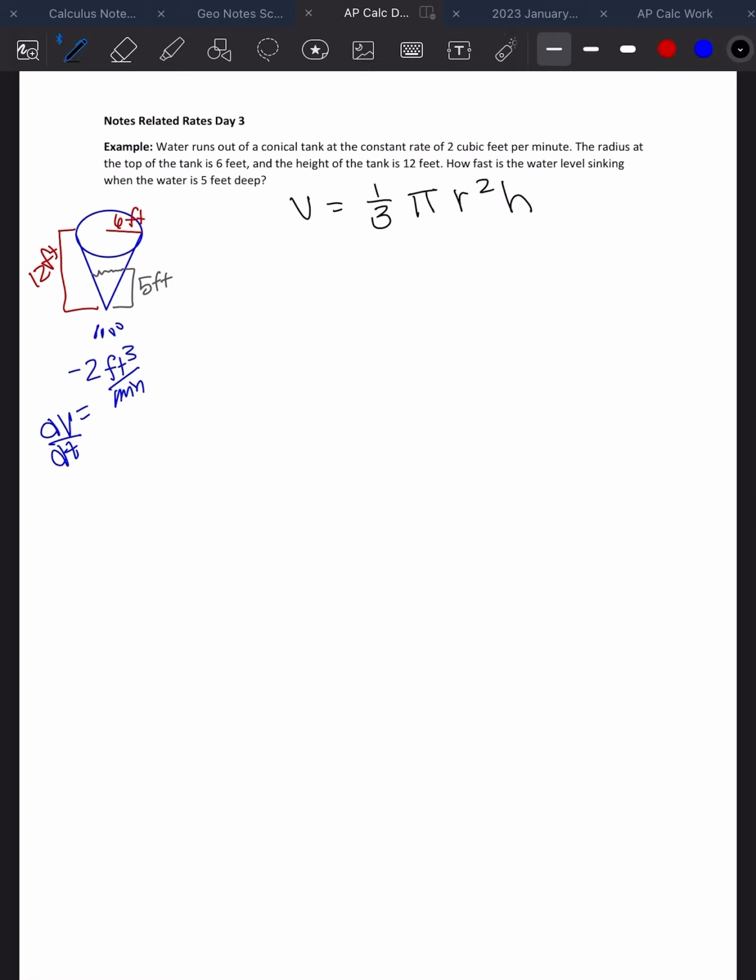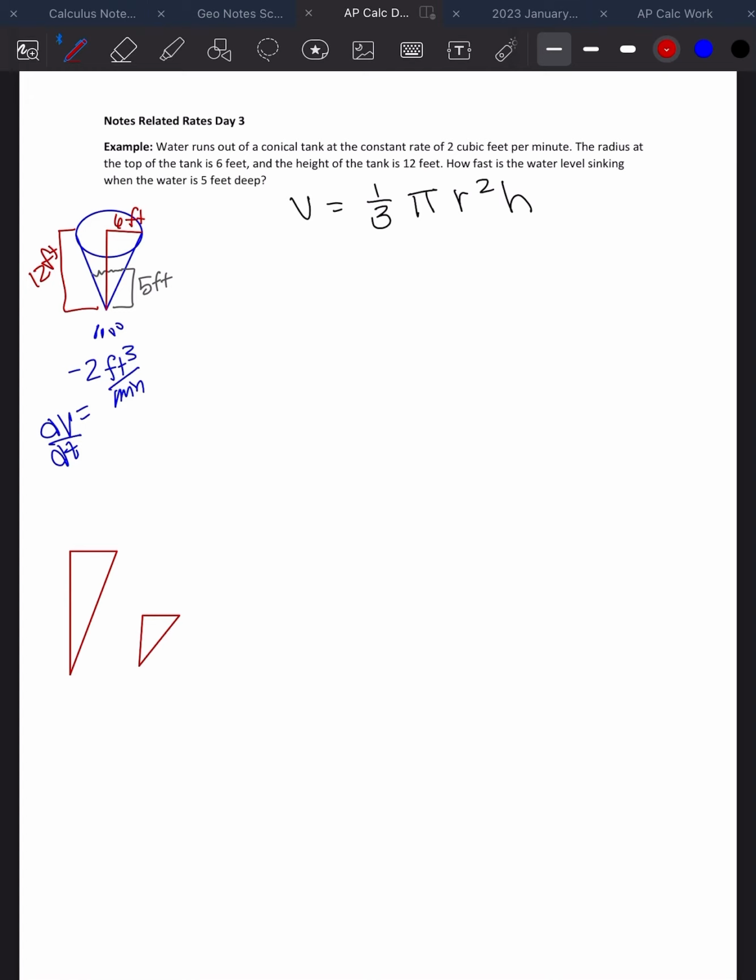So when we look at this cone, one of the things we're going to notice is if I compare the radius to the height, it makes this shape. And if I were to pull that out with the side of the cone, it makes a right triangle. And it doesn't matter where our height is later, we're always going to get a right triangle.